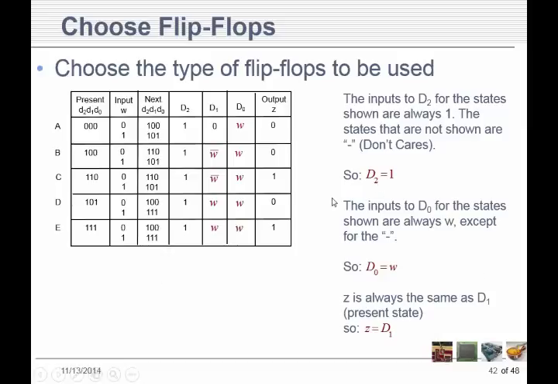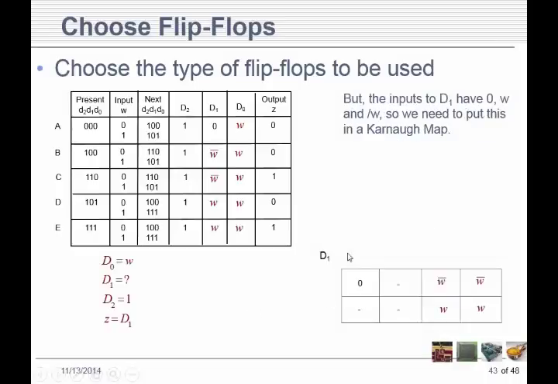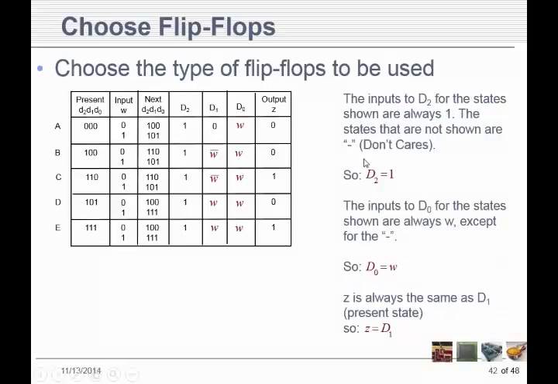So we start with D flip-flops. We've got 3 state variables, so this is a 2 by 4 type of K-map. It looks like I went ahead and figured out, here's D1. D2 was always 1, so D2 equals a 1.